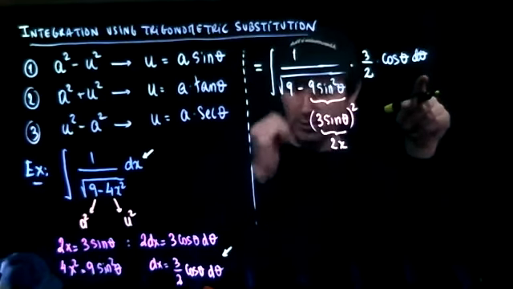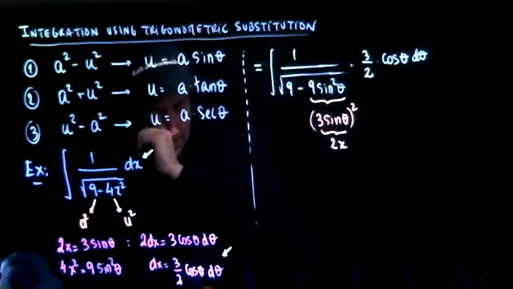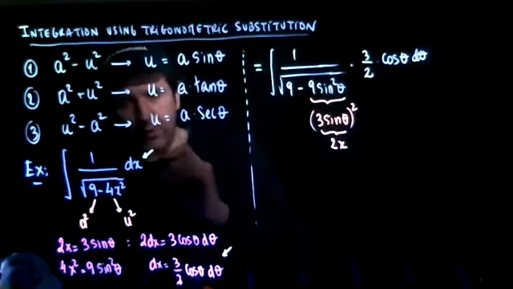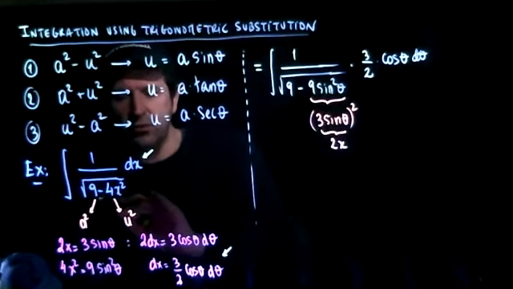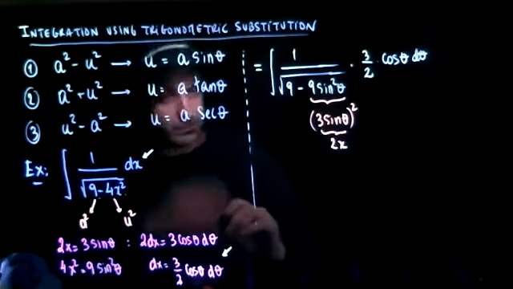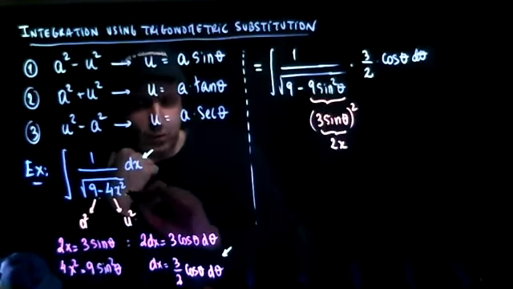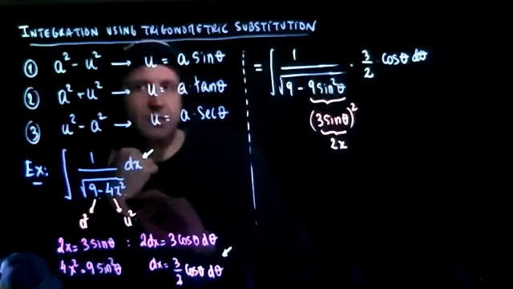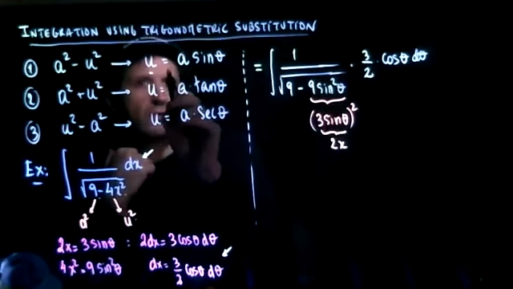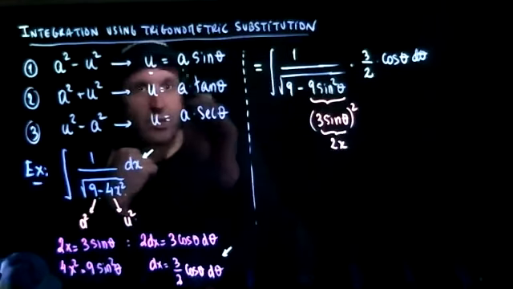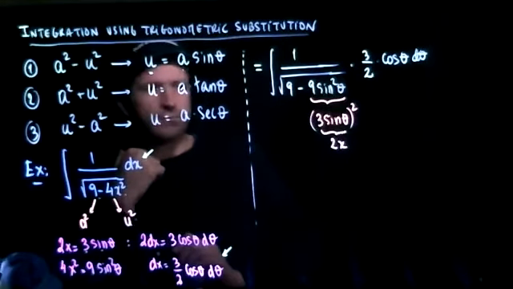Okay, so again, first step, I recognized the first pattern, A squared minus U squared. So U squared is 4x squared. It means that U is like 2x. So this will be here 2x equals A, which is 3, times sine theta.